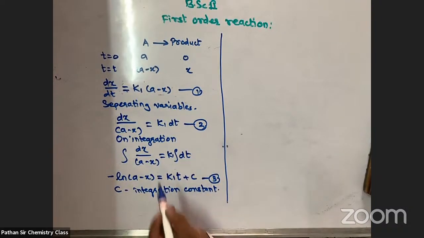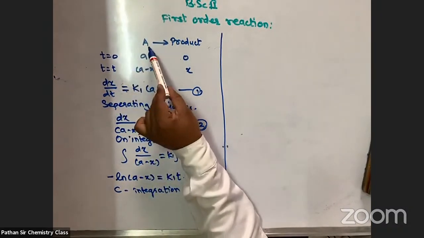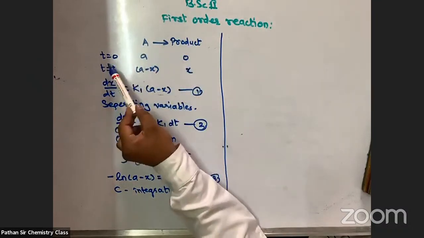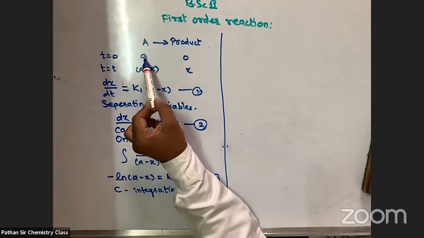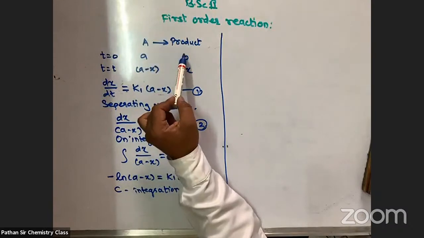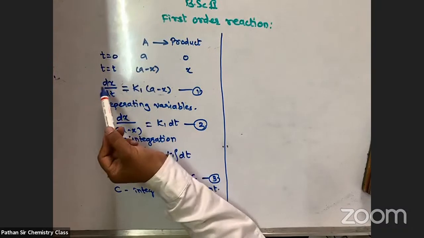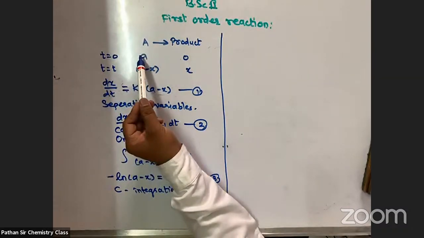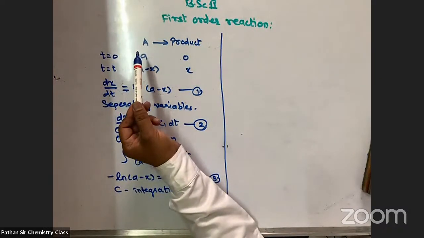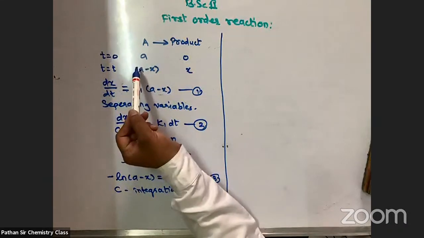What did we do? It is a first order reaction, A gives product. Initial condition: at t is equals to 0, concentration of A is a, product is 0. Now after some time t the reaction will proceed, product will be formed, and the concentration of A will decrease, the remaining amount.